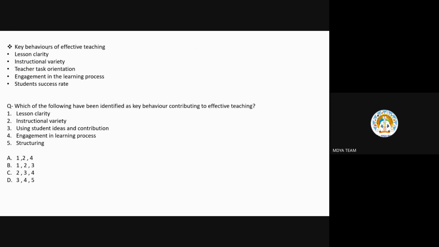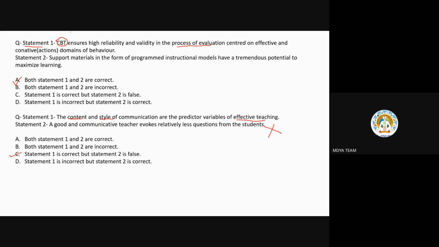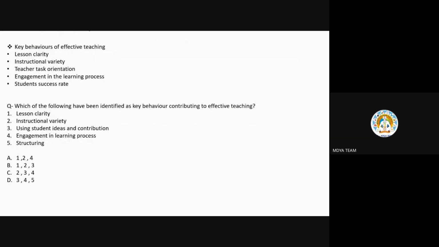I have asked something here: what are the key behaviors of effective teaching? Because this question was related with effective teaching. So what is effective teaching? If after teaching the students have clarity in the lesson and the content, this is a behavior of effective teaching. Instructional variety: for making students understand, a teacher uses a variety of instructions, instructing the learners in various ways, so that also makes the teaching effective.